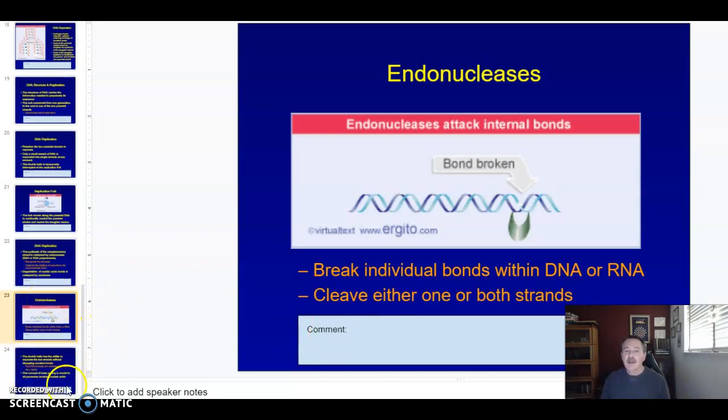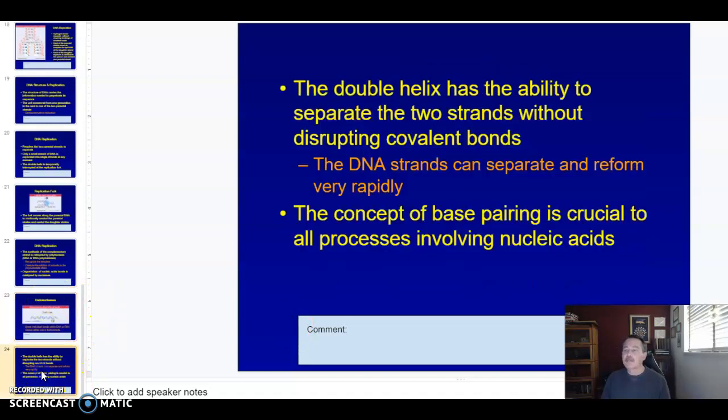All right, and then you have your last slide here, where you have the double helix has the ability to separate the two strands without disrupting covalent bonds. What it's talking about here, it does disrupt the bonds between the bases. This slide is talking about the bonds between phosphate and the sugar and the base itself.